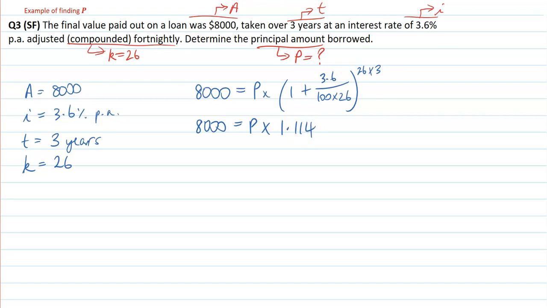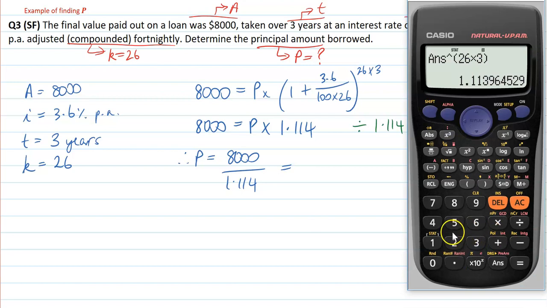Okay, so from there, it's just a matter of solving a simple equation for the variable P. So to move this times 1.114 to the other side, or divide by 1.114. And we can evaluate what P is.